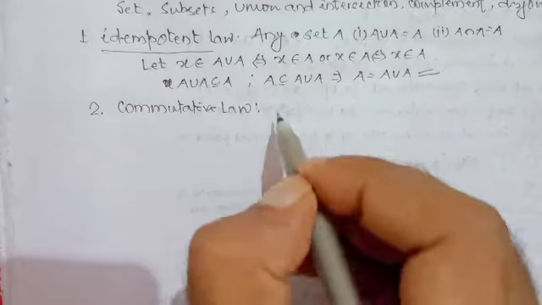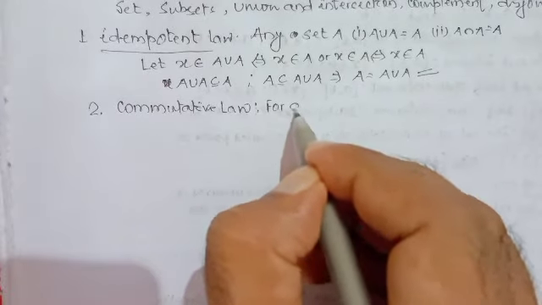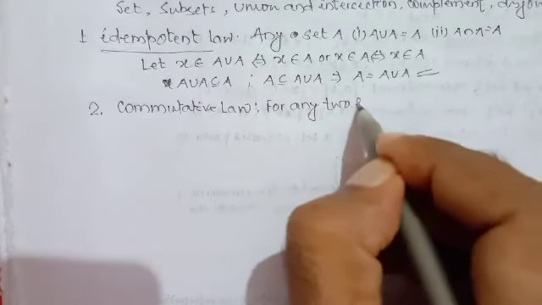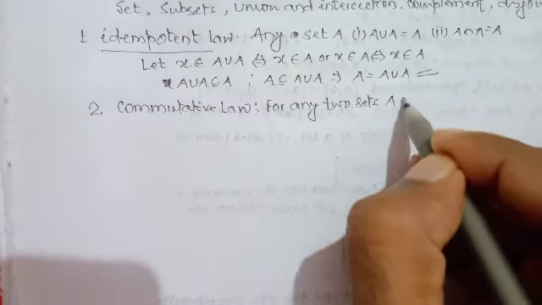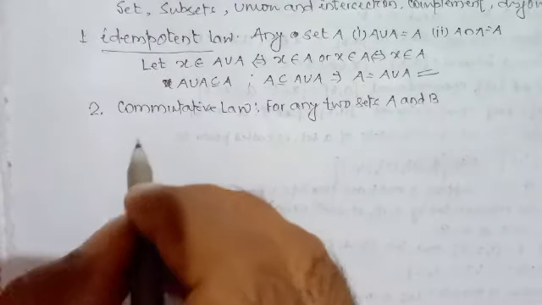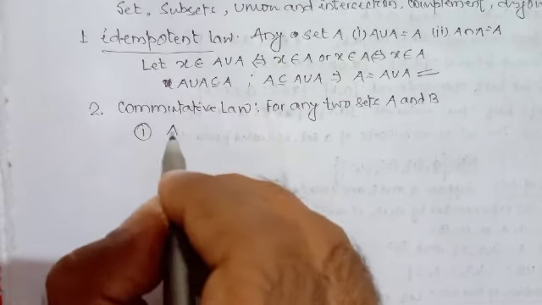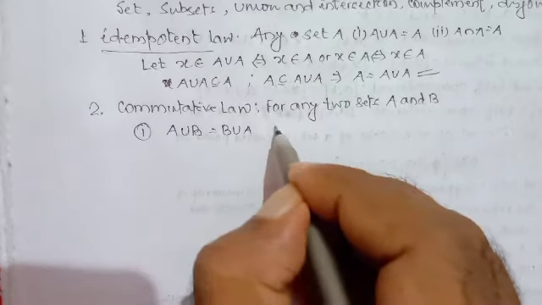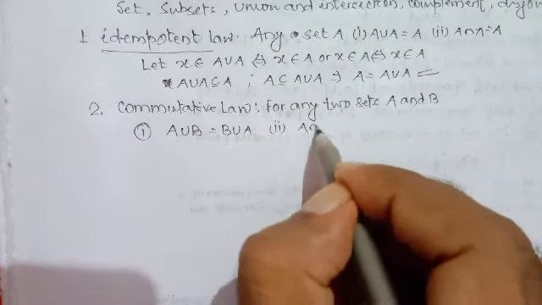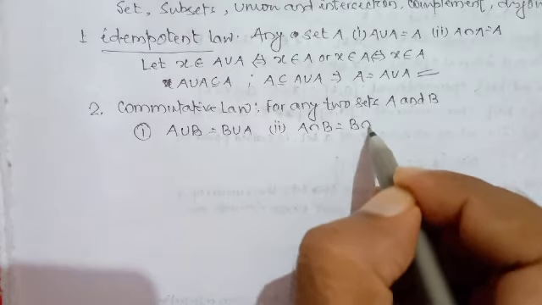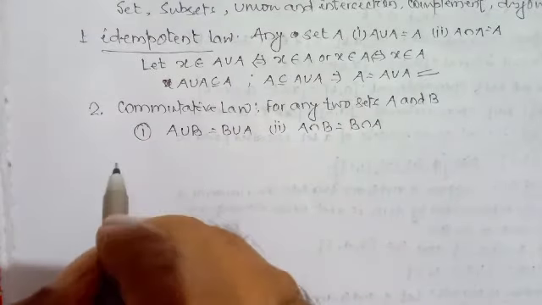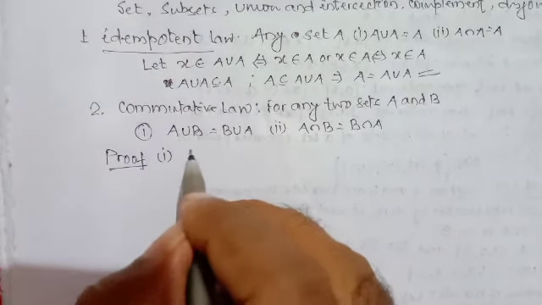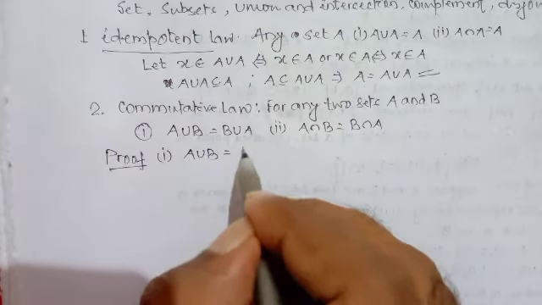For any two sets A and B, the first is A union B is equal to B union A, and the second one is A intersection B is equal to B intersection A. See the proof of the first.